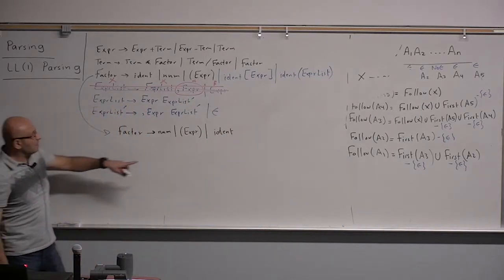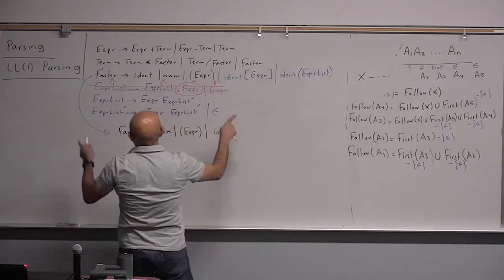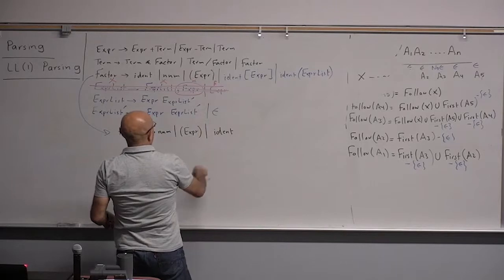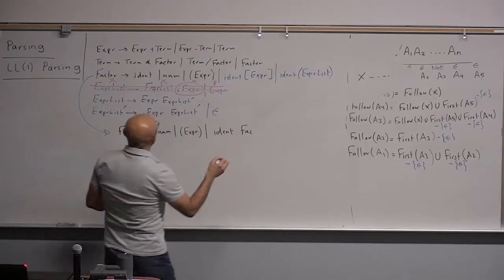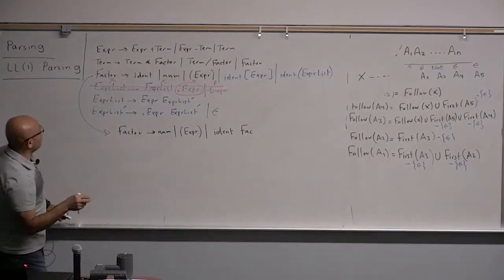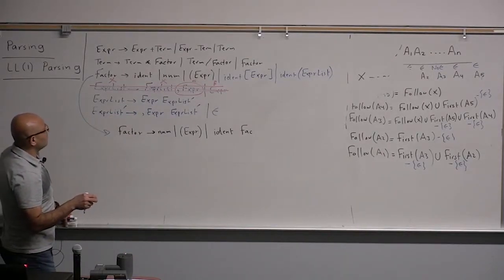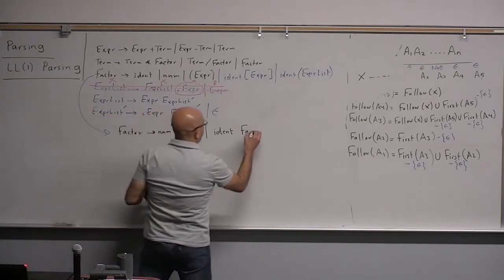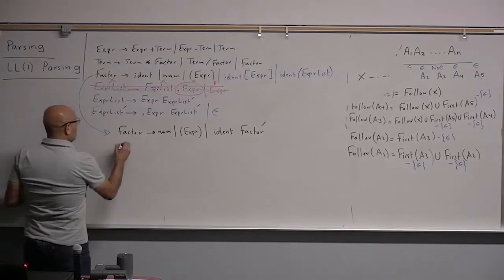Then it's identifier followed by something. So this something we call factor prime. Doesn't matter. Factor prime.